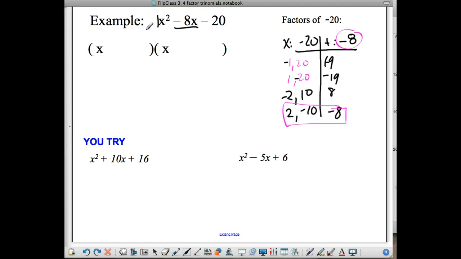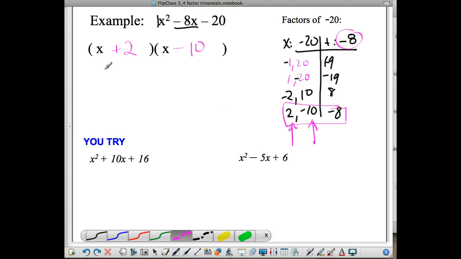If there was a number here, we'd have to do another step, but now we have them. So these are the numbers that we use, the factors, because they have to multiply to give us that 20. So plus 2 and minus 10. It's always a good idea to check your answer and make sure you did it right.